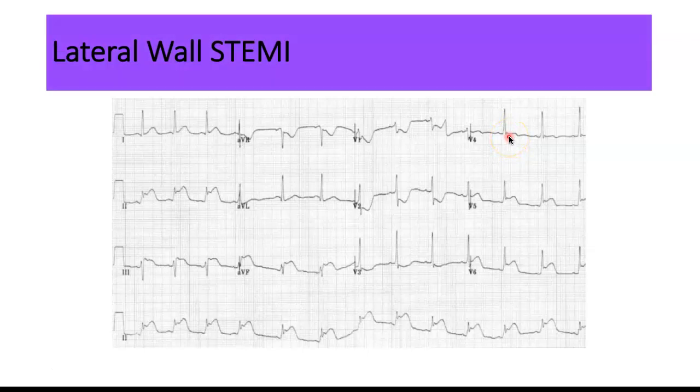ST depression is noted here in leads V1 and V2. And again, that's that downsloping angle to the ST segment depression. And even in V3, this may be a little bit horizontal. So this is an acute infralateral STEMI.